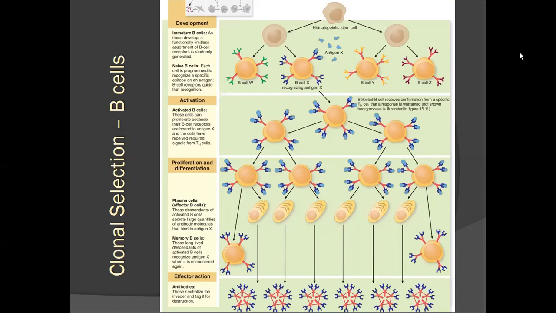It's just, hey, remember, B cells can bind free-floating antigen. B cells are more than likely getting help for activation from a T helper cell. T cells can't bind free-floating antigen, so something has to present that antigen to it. But whatever's presenting that antigen, presumably a macrophage or dendritic cell, is providing the help that it needs for activation, boom, proliferation, yada, yada, yada.